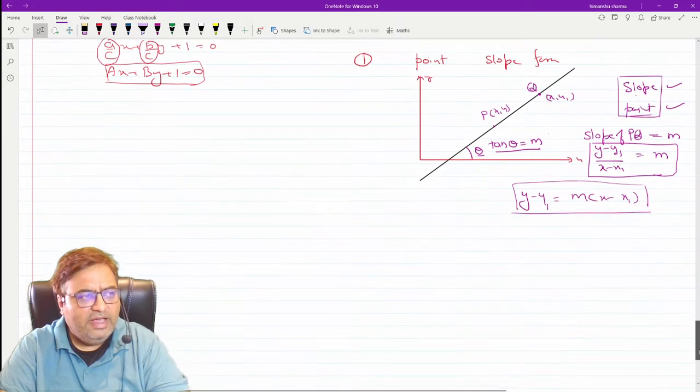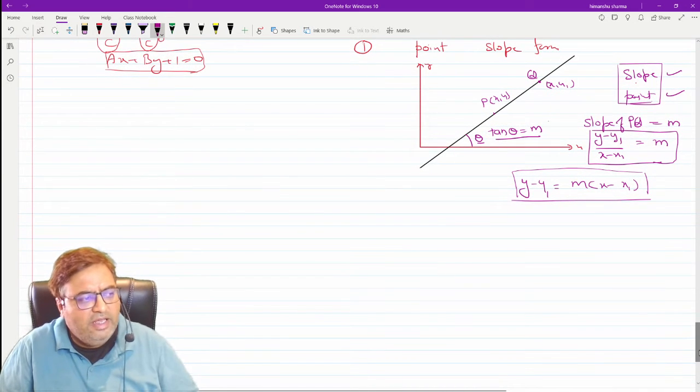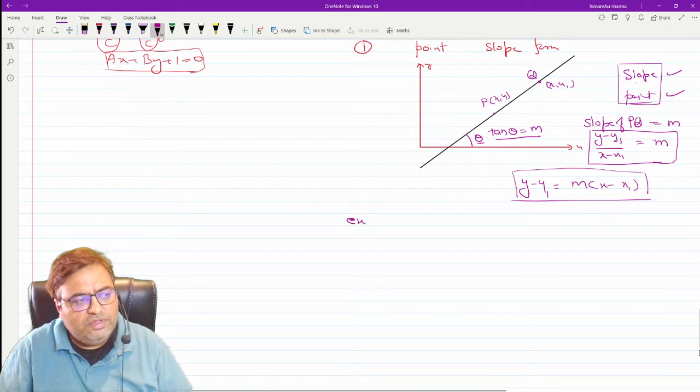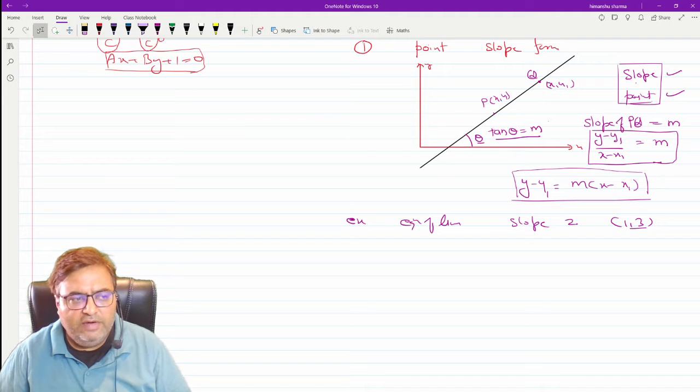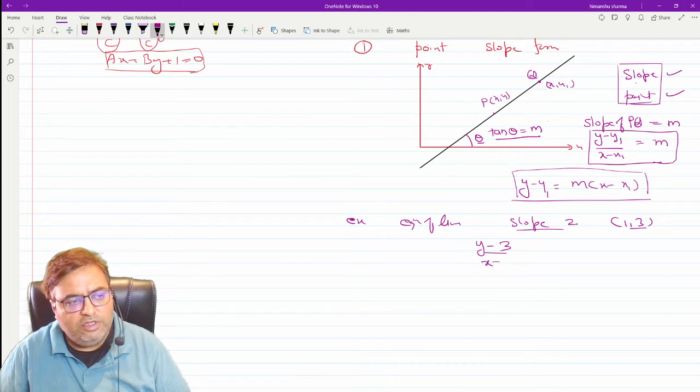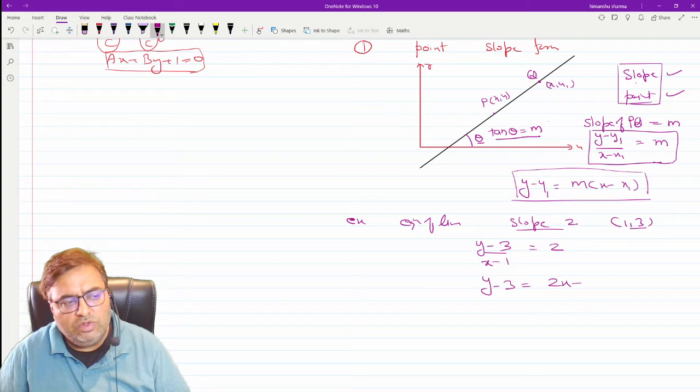Let's say I will take an example on it. Find the equation of a line of slope 2 and passing through 1 comma 3. I want the equation of a line which passes through 1 comma 3 and has a slope 2. So x1, y1: y minus y1, that is 3, upon x minus x1, that is 1, will be equal to 2. Now you solve it. y minus 3 is equal to 2x minus 2.